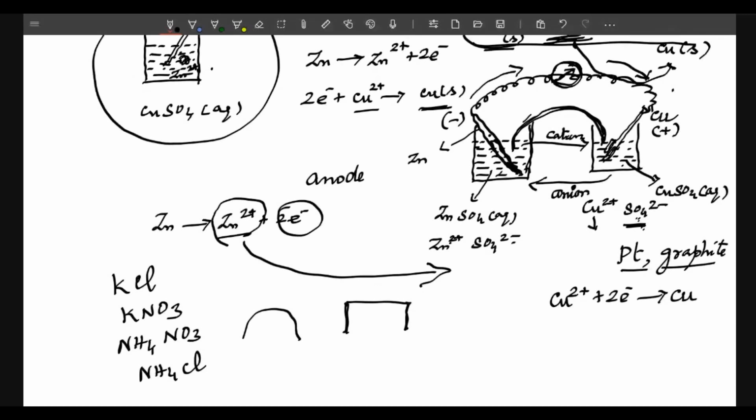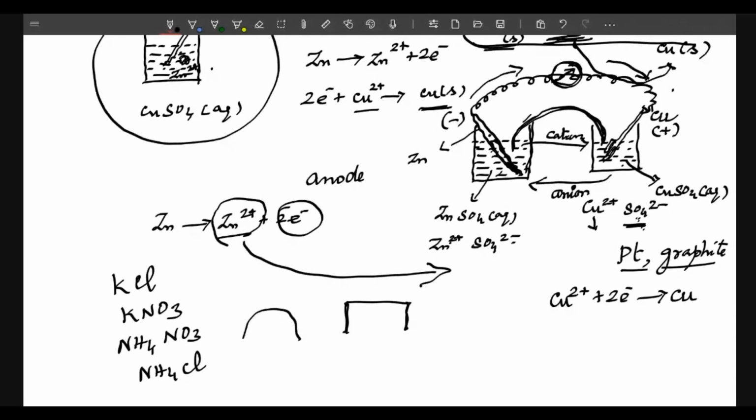The second thing: what is the rate of movement of the cation to the cathode compartment, and the rate of movement of the anion towards the anode compartment? It should be more or less the same. Otherwise, stoppage of the electricity is possible.